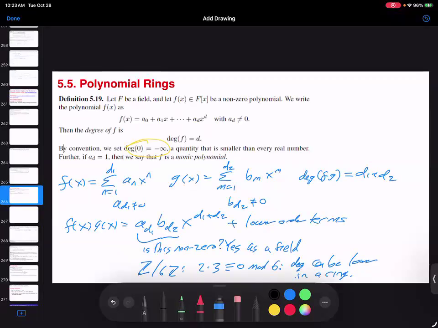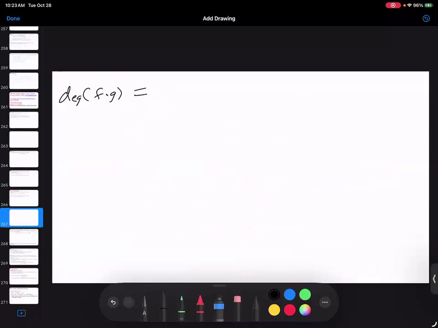The degree of fg was d1 plus d2. So what should the degree of a product equal? Sum of the degrees. So that should be the degree of f plus the degree of g.